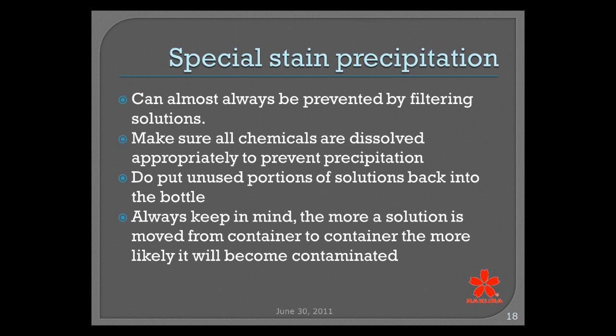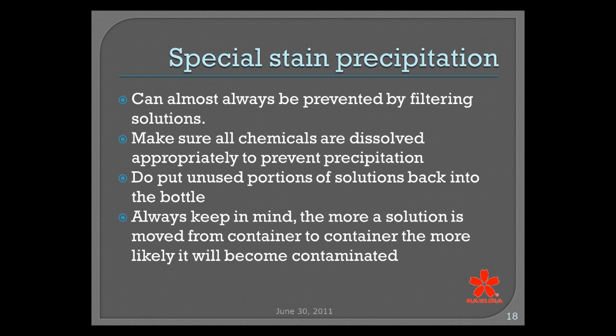Almost all special stains, the precipitate that occurs can almost always be prevented by filtering the solutions. You also need to make sure that all of the chemicals that you're mixing are dissolved appropriately.